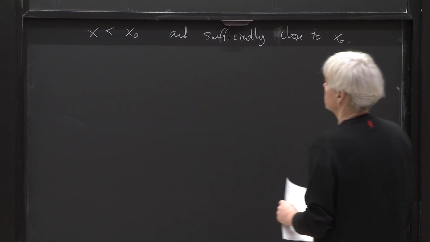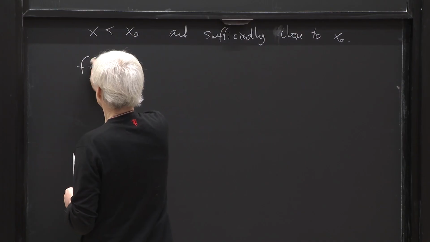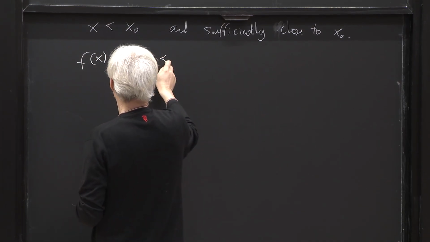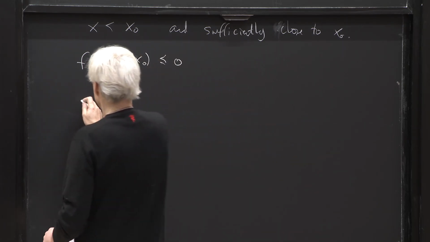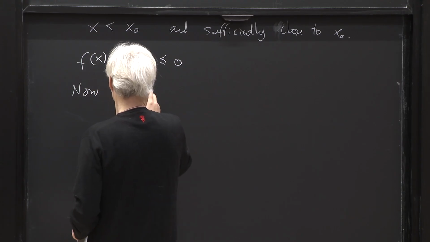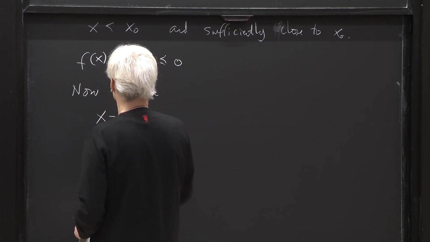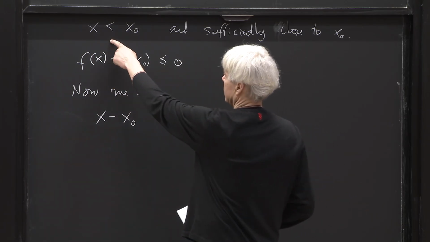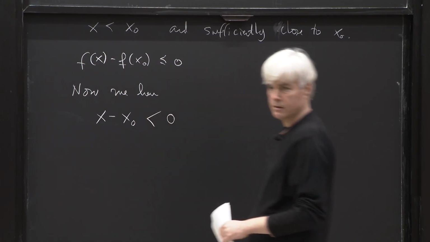So if you have that, then, well, you again have, this was just because it was a local maximum, you still have that this thing here is non-positive. But now we have that x minus x0 is strictly less than 0.